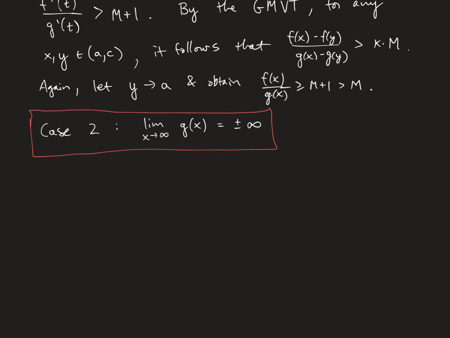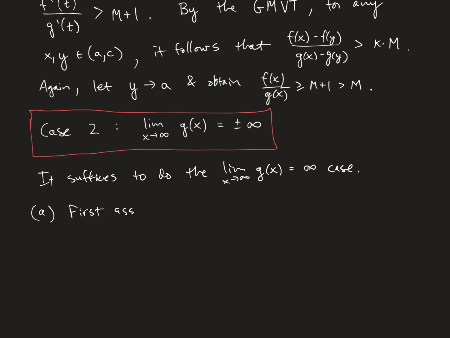Okay, so I'll first note that it suffices to do the limit as x approaches a of g of x equals infinity case, because you can just replace g with negative g. Okay, simple. So we first assume that our limit is finite.